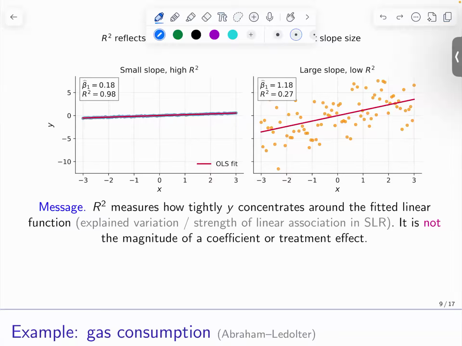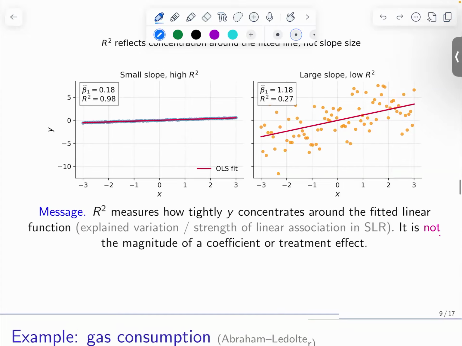You can perfectly explain. There's not much noise. Okay, this is a good picture to have in mind.